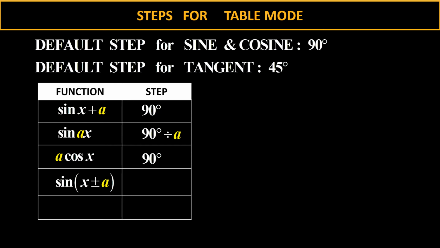We'll take the a value, that's shifting, so we'll use the a. We'll come back to that again later. And if I have tangent of ax, my default step is 45, but because I have a, the steps for tangent will be 45 divided by a.